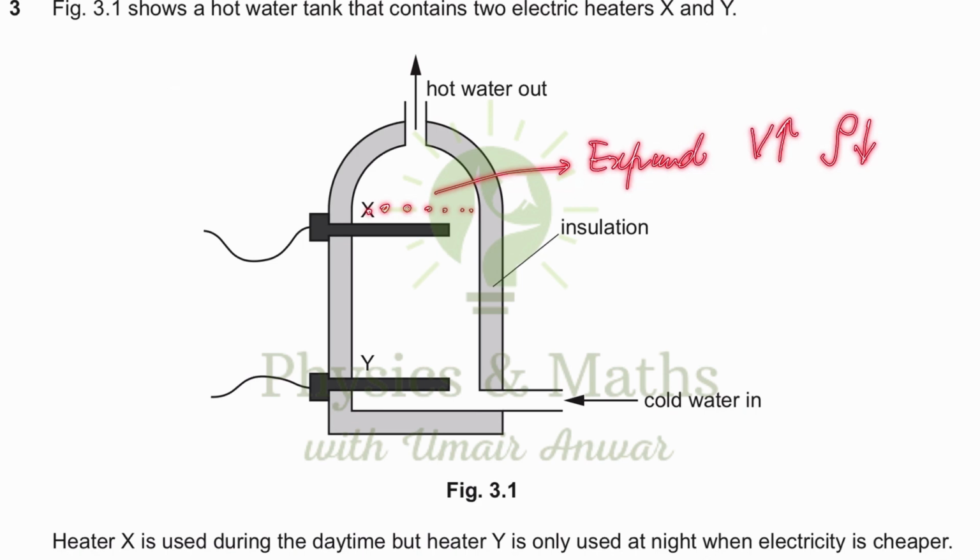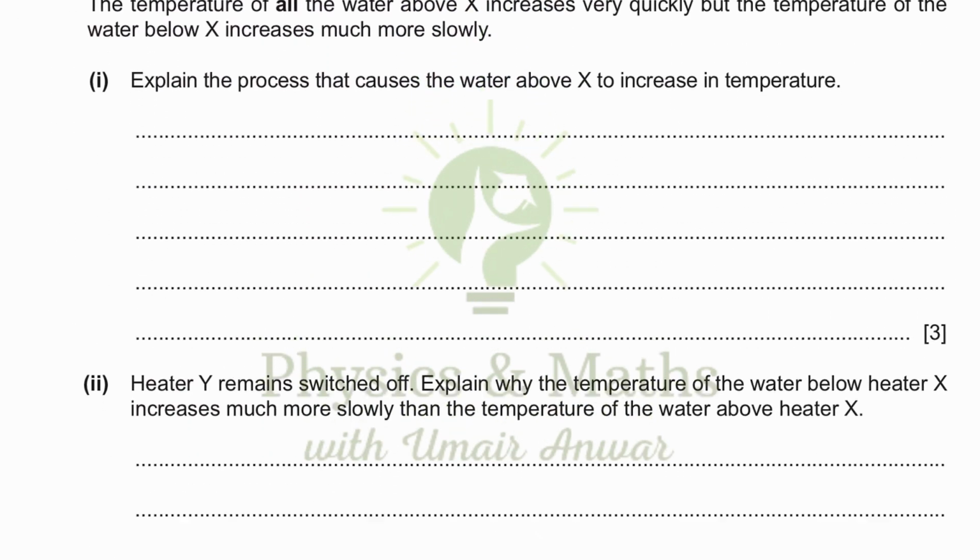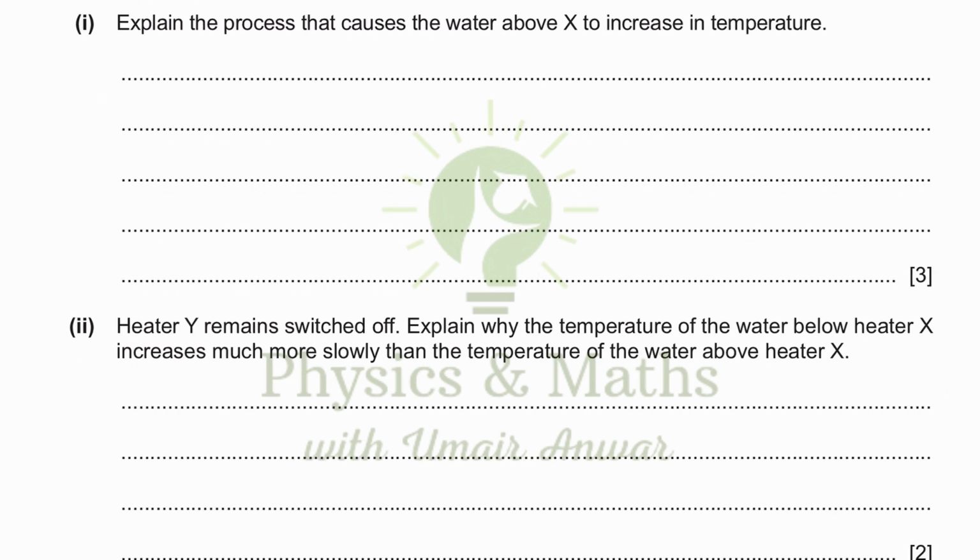And these low density particles rise to the upper portion of the heater, and the molecules which are not heated, their density is higher, so they move down to replace these particles. This is the phenomenon which happens here, and it is called convection.